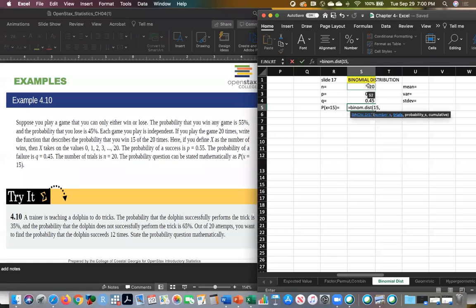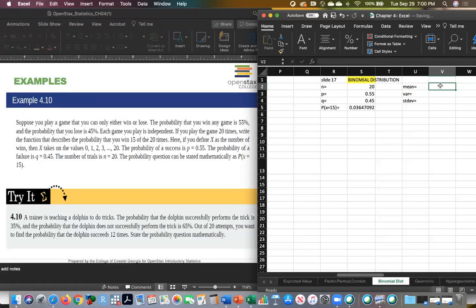The number of trials is 20 and the probability is 0.55. Okay, so I'm going to say false. Remember, false gives me the value exactly at 15, right? So that is the probability that in the 15 games, I'm going to win, right?